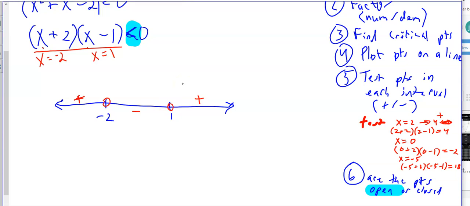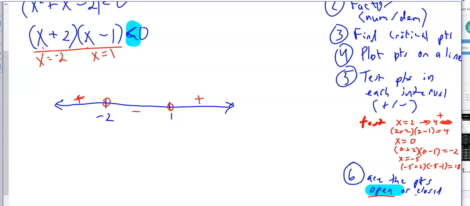The other thing you want to look at, that sometimes makes it open, is if you have a denominator, which we don't. Those points would always have to be open circles, even if the inequality was less than or equal to, which would normally be closed circles. If the factor is in the denominator, it will cause it to be an open circle. We'll look at an example of that in just a minute.